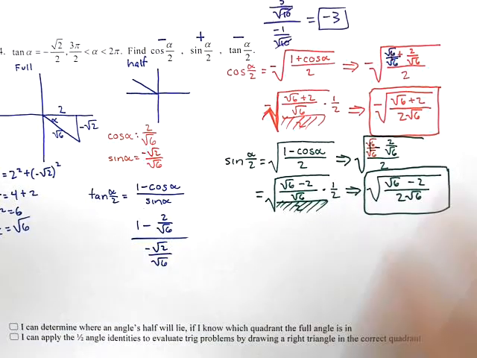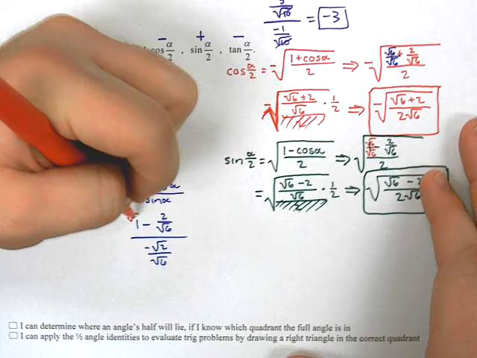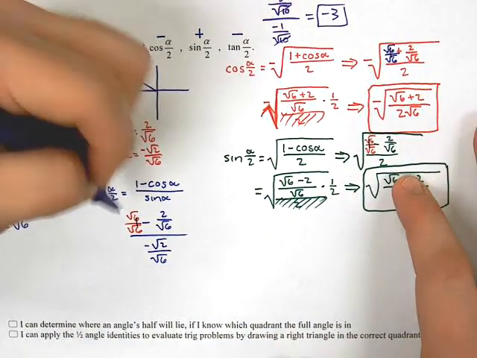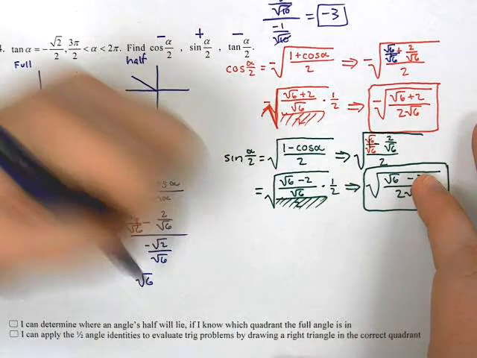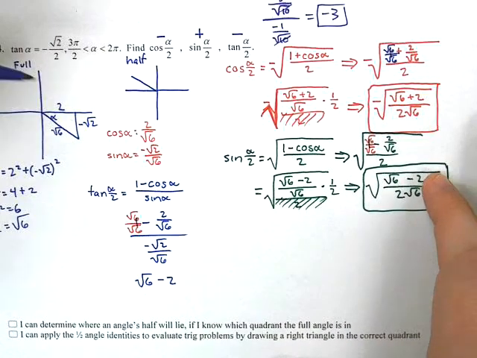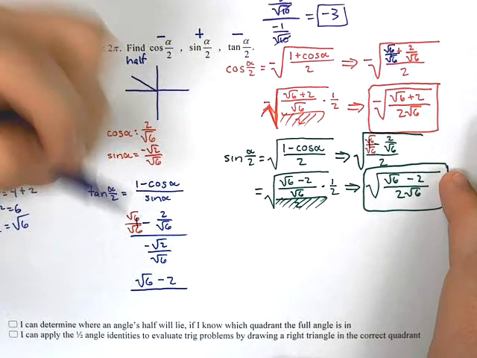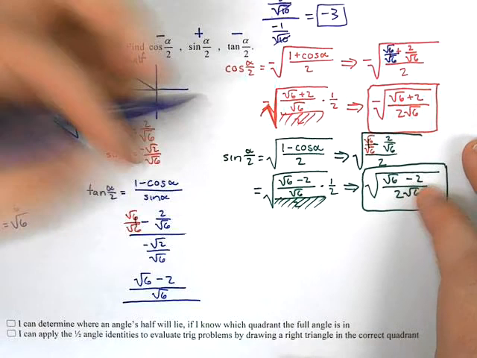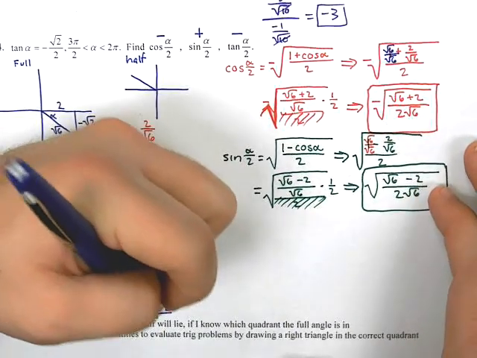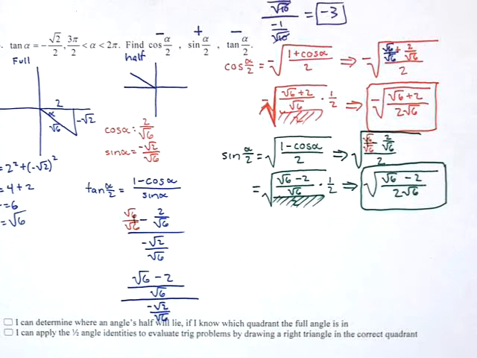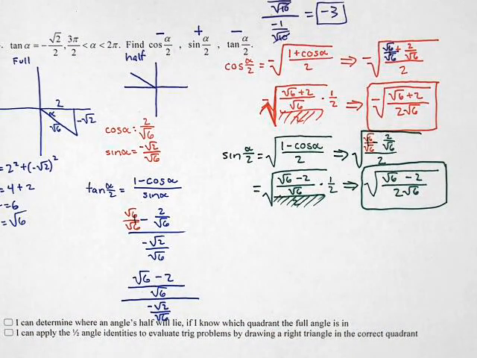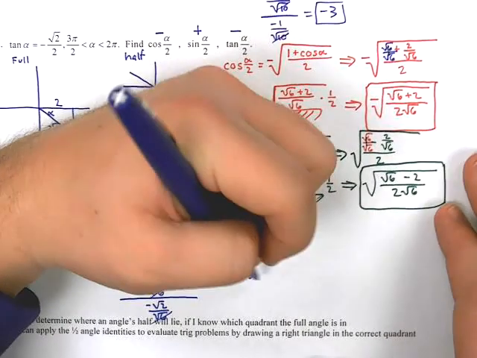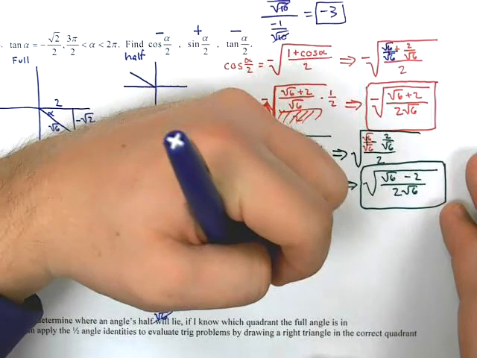And then, like normal, we will do a little bit of this, square root 6 over square root 6, which means this will clean up to square root 6 minus 2 over root 6, and then this is all over negative root 2 over root 6. All right, and now we get to do our favorite thing. We get to cancel those denominators. So I have root 6 minus 2 all over negative root 2.